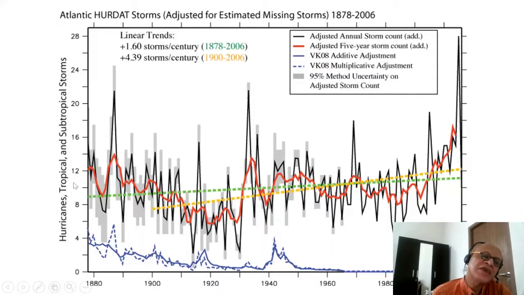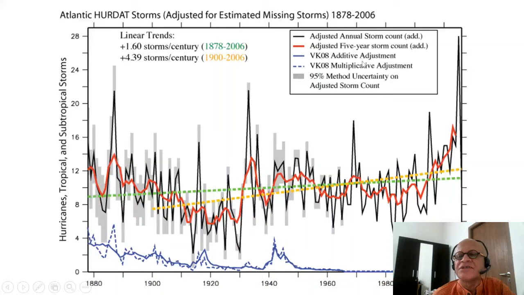We are looking at hurricanes, tropical and subtropical storms. So adjusted annual storm count, you can see here. There are lines drawn here for trends. These are linear trends we will look at in a minute. Adjusted 5-year storm count, adjusted.